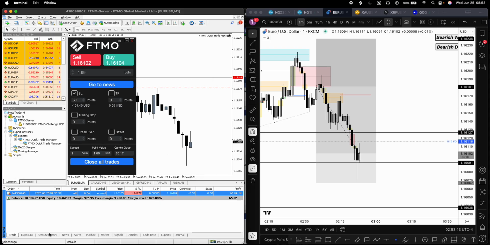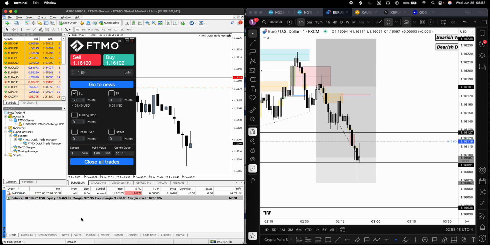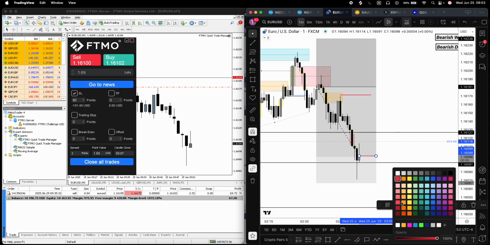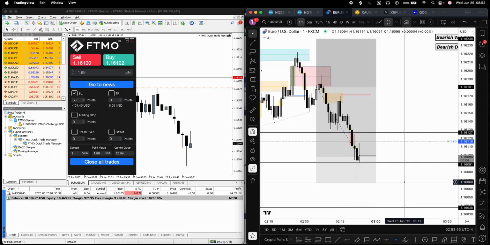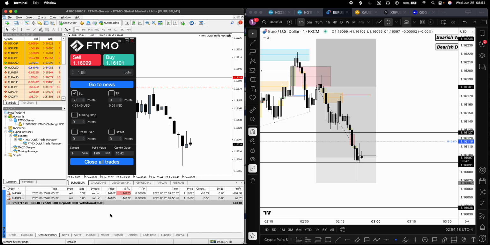Okay, I've taken half the position off, that's $70 profit. So we took a partial here. Now we've got $10 locked in, $11. Well, 11 plus 70.